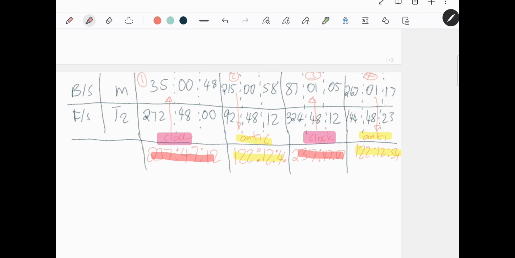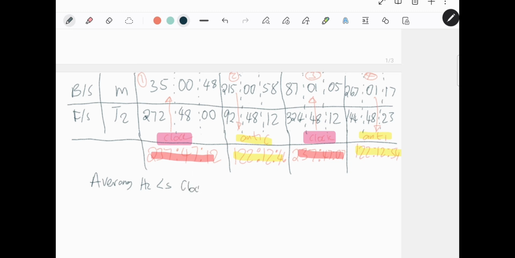So you're going to have your average horizontal angles. Let me write this, average horizontal angles.